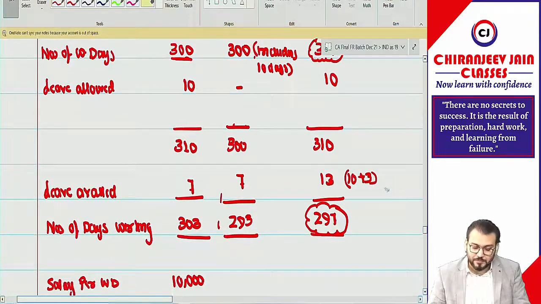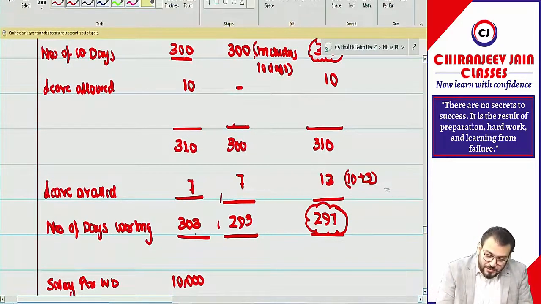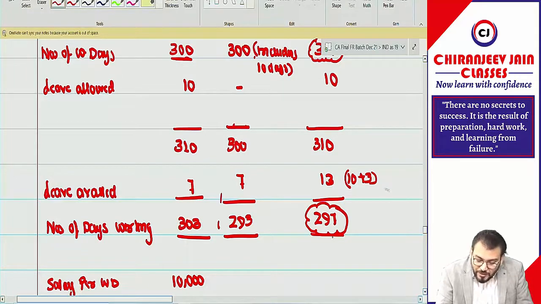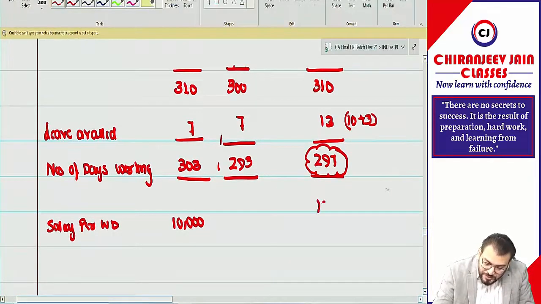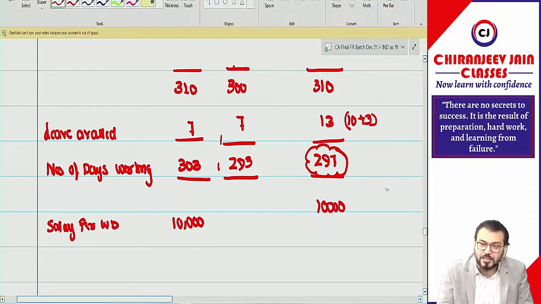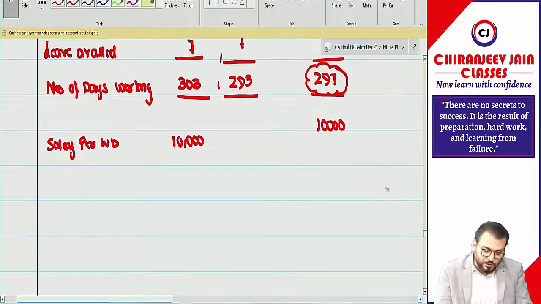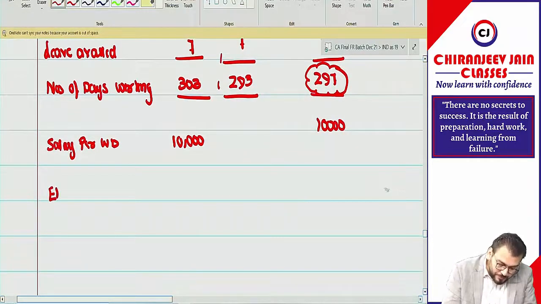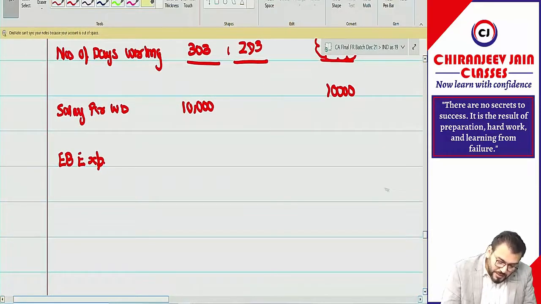Means in the current year they are working for 303 days, and in the next year they are working for 297 days. Expenses will be recognized based on these days only. So what will be the employee benefit expense of the current year?